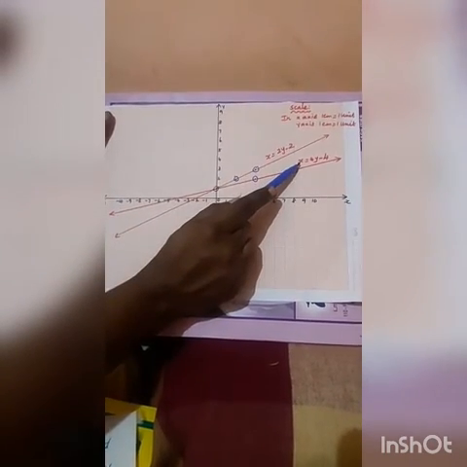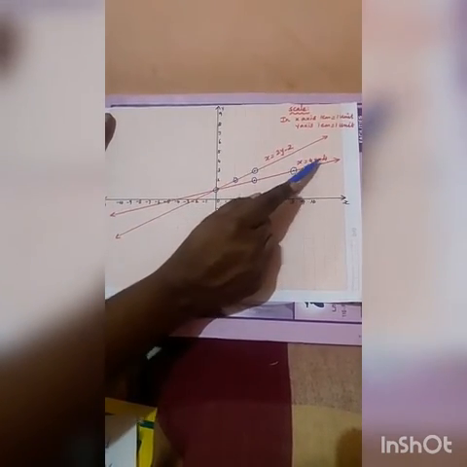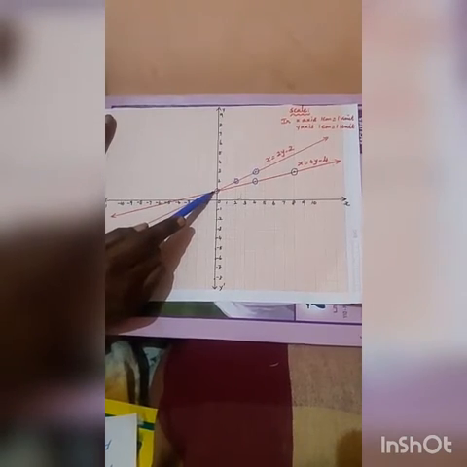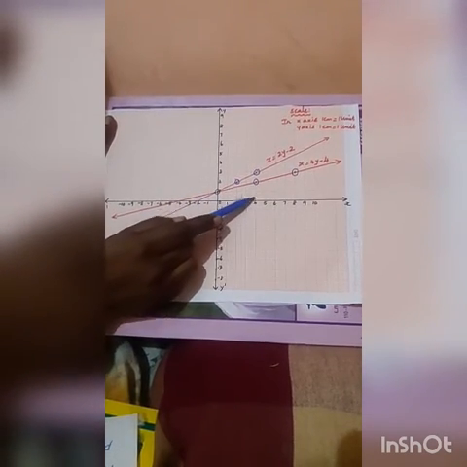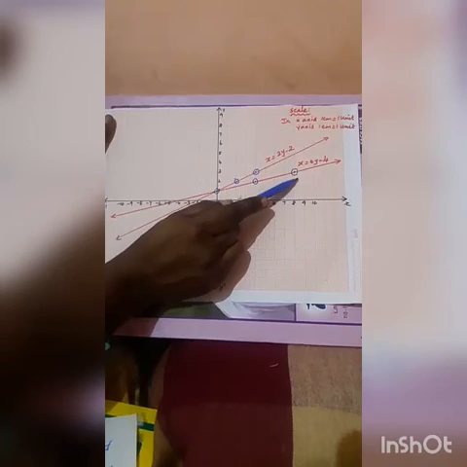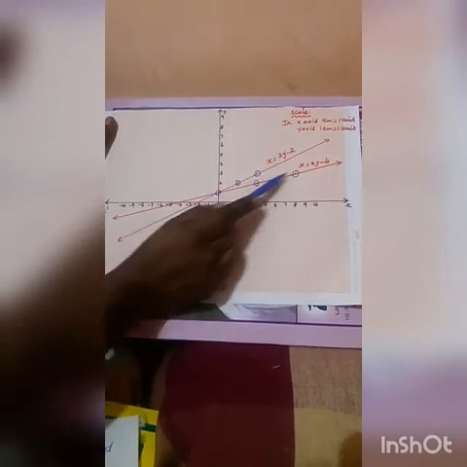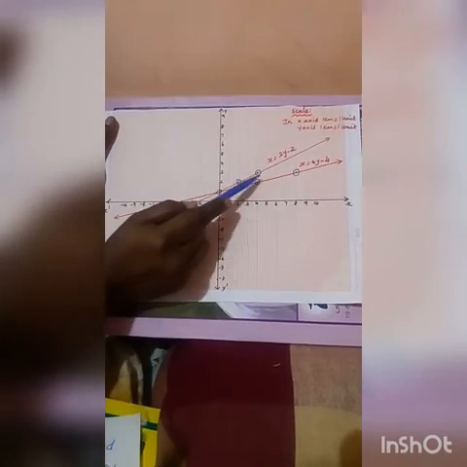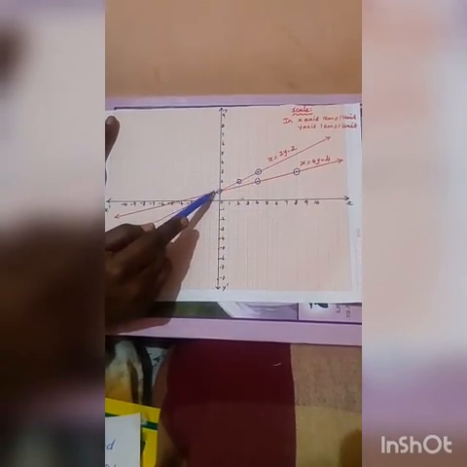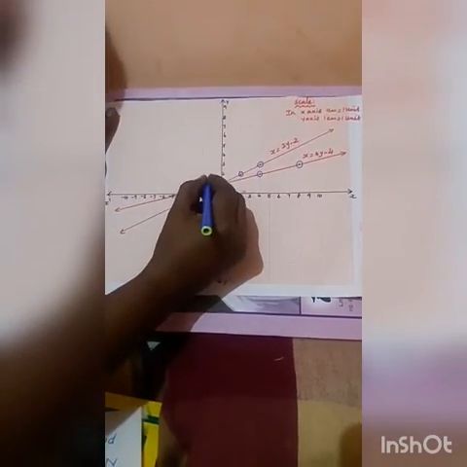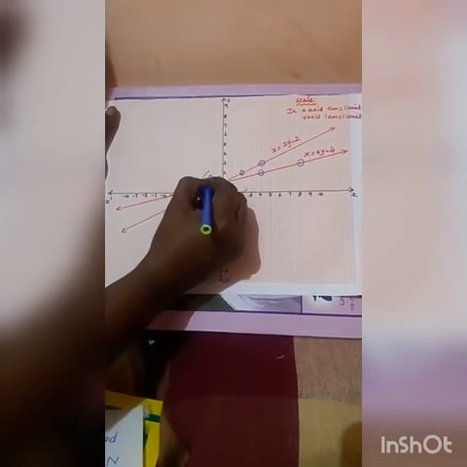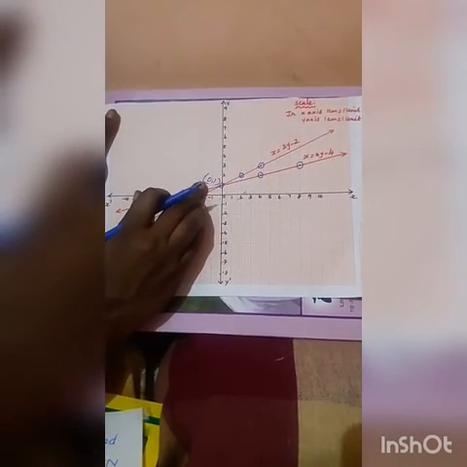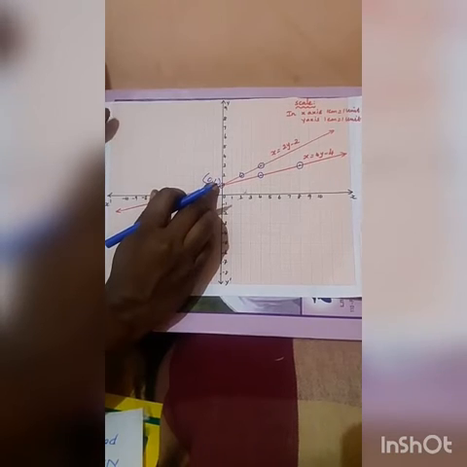In the second equation x equal to 4y minus 4, the points are 0 comma 1 and the second point is 4 comma 2 and the third point is 8 comma 3. Both of the lines intersect at the point 0 comma 1. That is x equal to 0 and y is equal to 1.